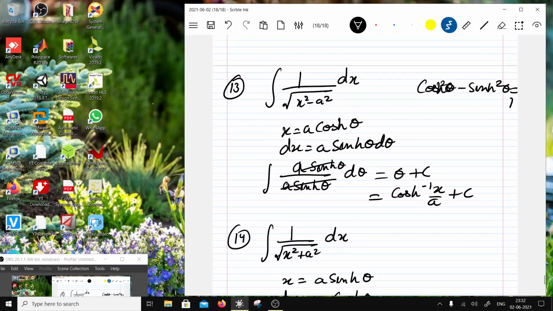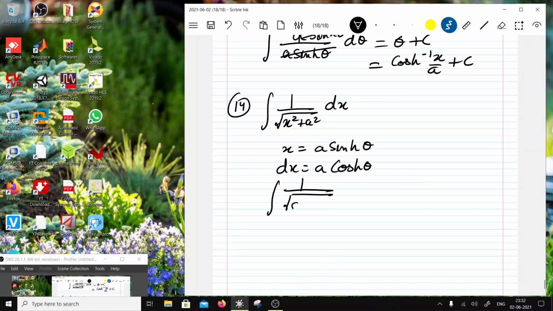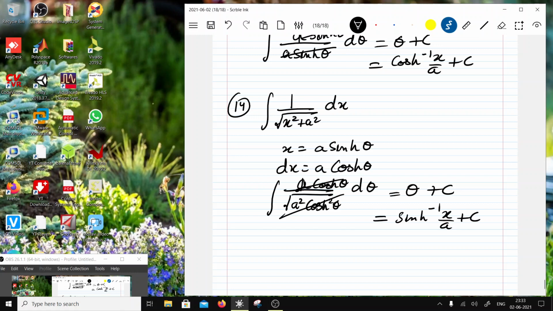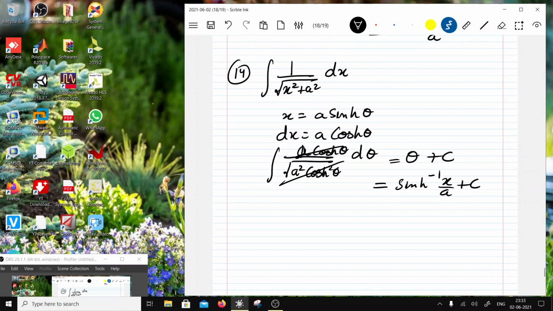So sine square plus 1 is cos square. So this will be a cos hyperbolic theta in the denominator, and then this will be a cos hyperbolic theta d theta. So this would cancel out. The answer is theta plus c, where theta is going to be sine hyperbolic inverse of x by a plus c. Okay, so this is that.